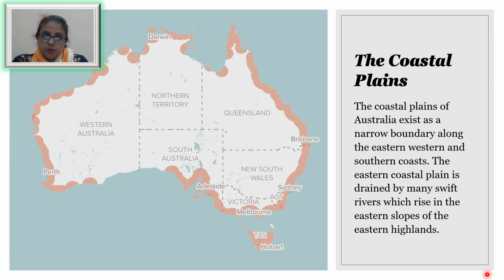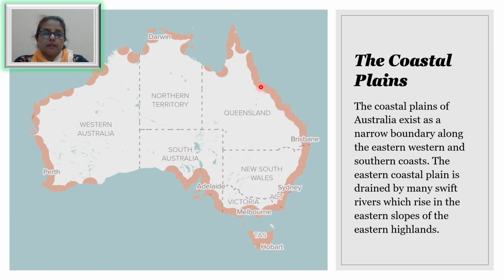The coastal plains of Australia exist as a narrow boundary along the eastern coast, the western coast, and the southern coast of Australia. The eastern coastal plain is drained by several swift rivers which rise in the eastern slopes of the Eastern Highlands.